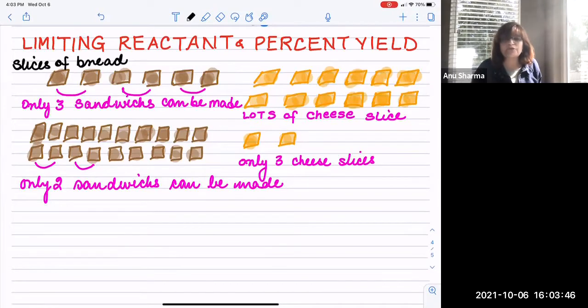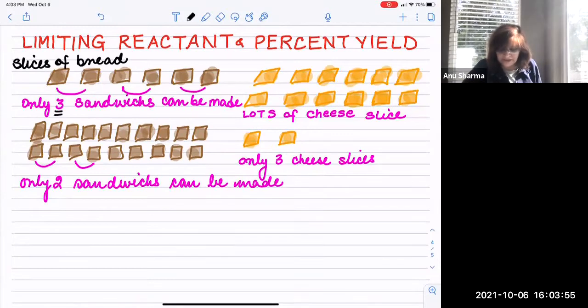When we make a sandwich, one slice goes over the other. So in this case, we can only make 3 sandwiches, right? There are six slices of bread, and we can only make 3 sandwiches.